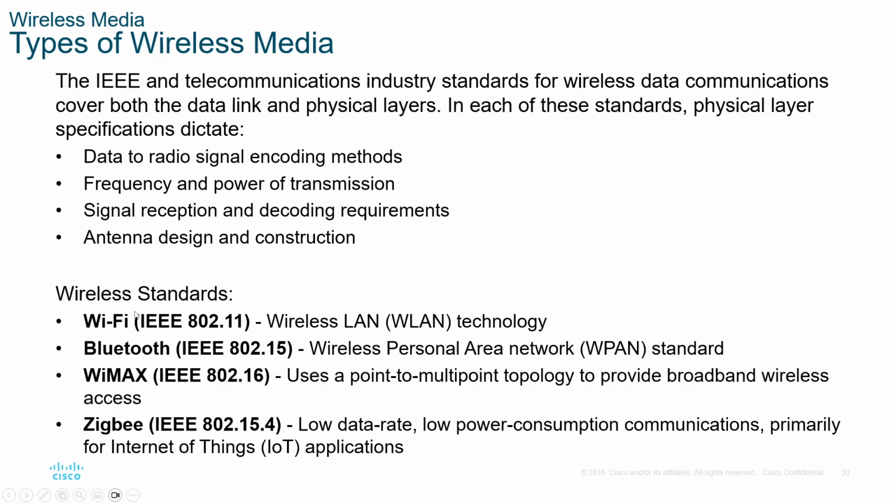So these are the different types of wireless media. One is Wi-Fi that you guys connect to. Bluetooth is also a type of wireless. Okay. WiMAX is also a type of wireless, but it is not used very often. And Zigbee is another type of wireless network that nobody uses. I don't know anybody who uses it.